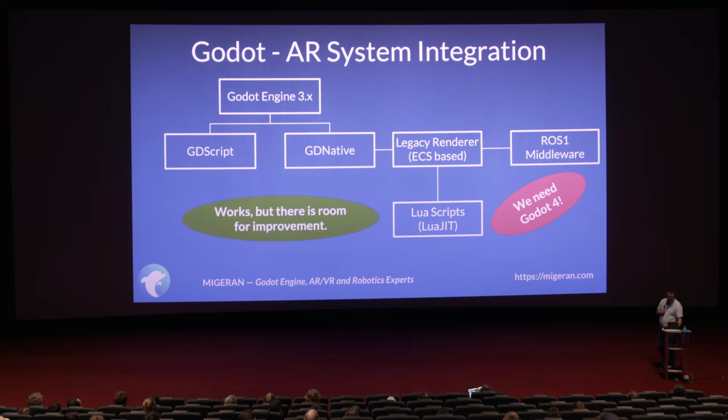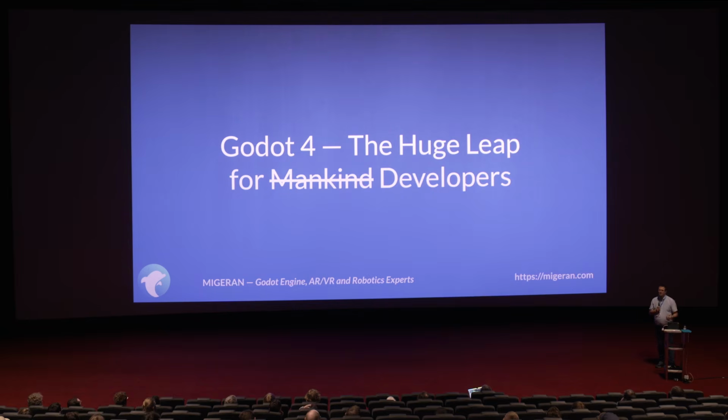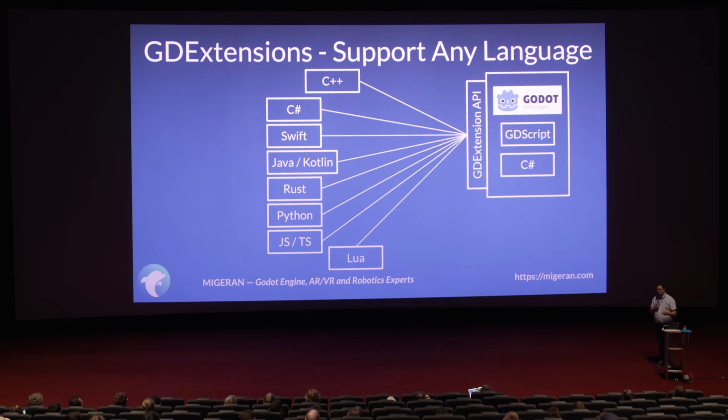And luckily, Godot 4 came, and it's really a huge leap for developers in all respects. We all know that. And from our point of view, the biggest advantage of Godot 4 was the GDExtensions.